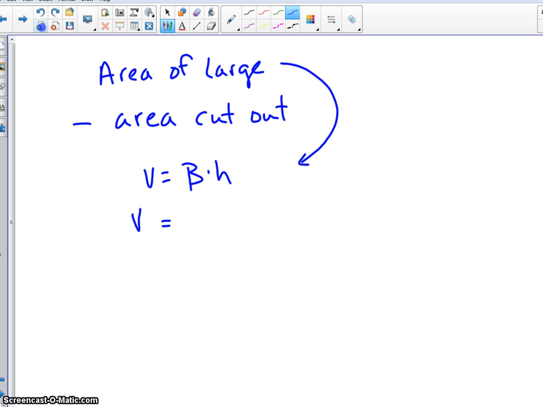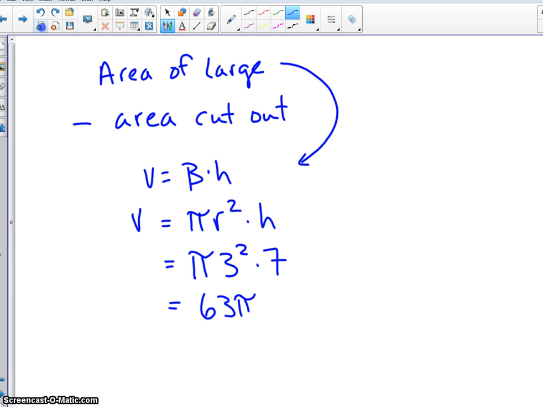The area of a circle is pi r squared. And then we're going to take that times the height. Now, in this case, our radius is 3 and our height is 7. So we're going to leave this in terms of pi. We want to get an exact answer if we can. So you do 3 squared, you get 9, times 7. So then that is 63 pi.